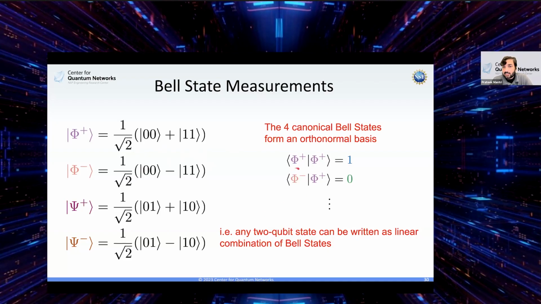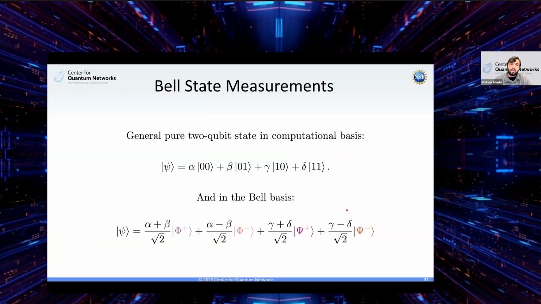So if you have, let's say, a phi plus state and you measure it on this basis, you get a one. But if you had a phi minus state, you would get a zero. Now, let's take a very simple example. Let's say you have this two qubit pure state in computational basis. Just as a reminder, computational basis is the native basis of a particular physical platform.